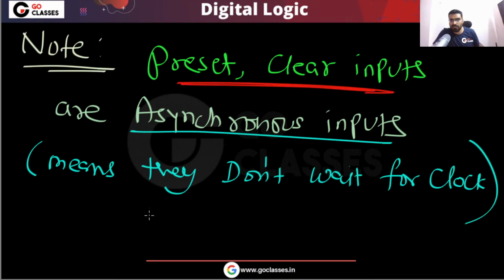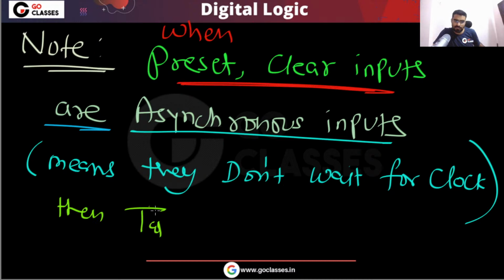So you should take care when these are asynchronous inputs. Then you should take care.